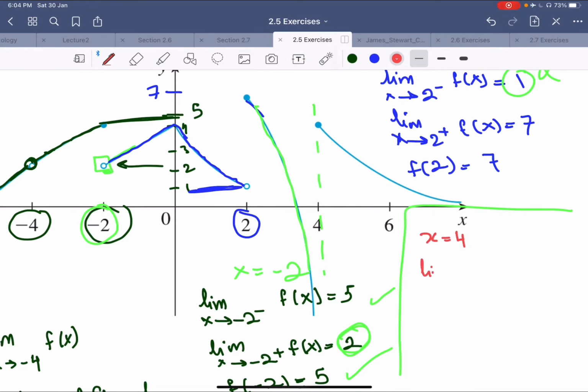We have the limit when x goes to 4 from the left for f of x equals -infinity. It's an infinite number but it doesn't stop on a specific value. And the limit as x goes to 4 from the right is nearly 5.